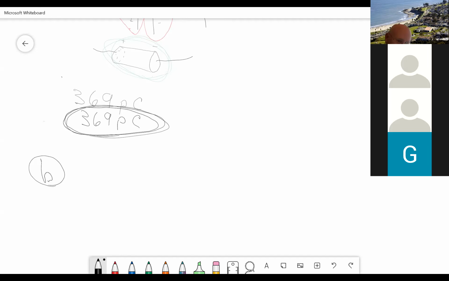You still have 369 if you don't open the basket and let some of them out. If you do open the basket, they can float out, because tennis balls float, and you might have a different number. But if you have a closed basket with no way for tennis balls to get in and out, the number of tennis balls will not change. And this charge is coming from the number of electrons. They will not change.